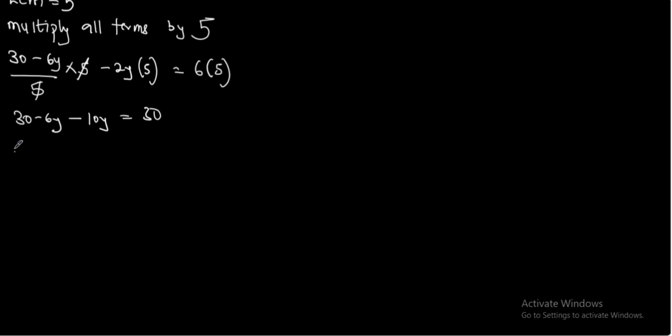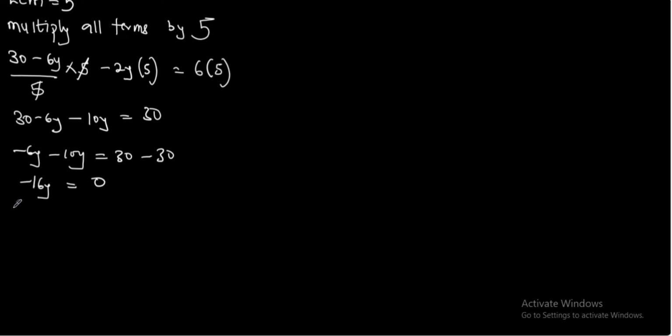We have minus 6y minus 10y left on the left-hand side equal 30, and this becomes minus 30. So minus 6y minus 10y is minus 16y equal 30 minus 30 is 0. At this point, we can find the value of y because we have one single term on the left-hand side, one single term on the right-hand side.